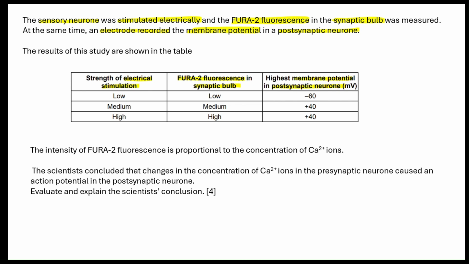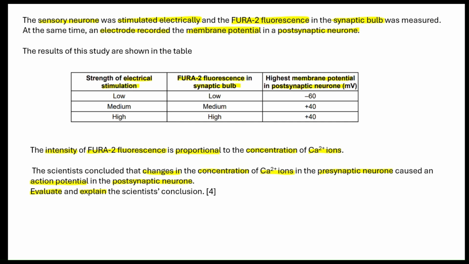Now, they've given us some more information where they've told us that the intensity of the fluorescence is proportional to the concentration of calcium ions. And what they've also said is that the scientist concludes that the change in the concentration of calcium ions in the presynaptic neuron is what caused an action potential in the postsynaptic membrane. And they've asked us to evaluate and explain the scientist's conclusion.